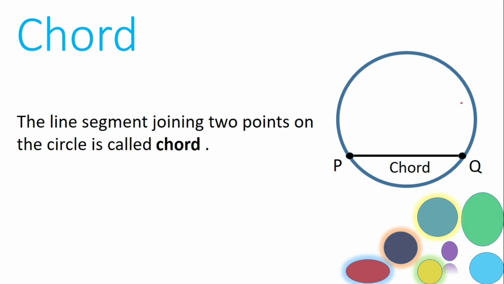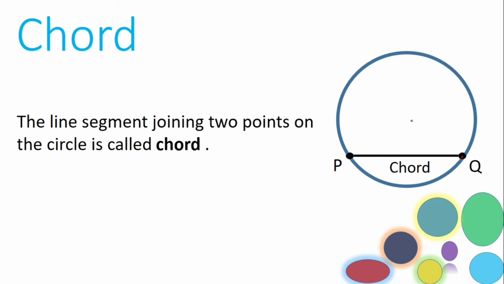Now you can see in the diagram I have drawn a circle and marked 2 points on the circle as P and Q. So the line segment joining these 2 points will be the chord. Please listen carefully that a chord is a line segment. The endpoints of the line segment must lie on the circle.